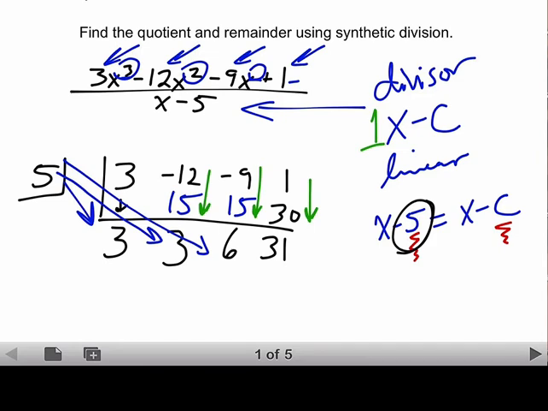So what we originally started with was a third degree polynomial, right? The 3 was attached to an x cubed term. The negative 12 was attached to an x squared term. The negative 9 was attached to an x. And the 1 was our constant. We divided an x cubed, essentially, by an x.